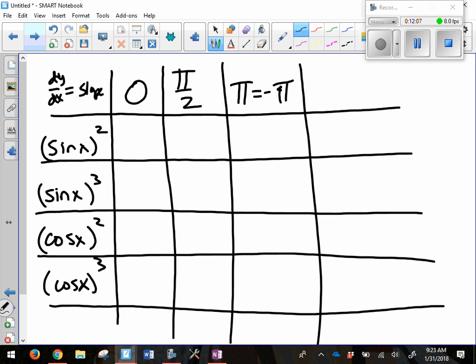If you look at options A, B, C, and D, it goes to the left and the right of the origin. And 3 pi over 2 or negative pi over 2. So the way we're going to do this is pick some values, figure them out, fill them in on the board. Go!